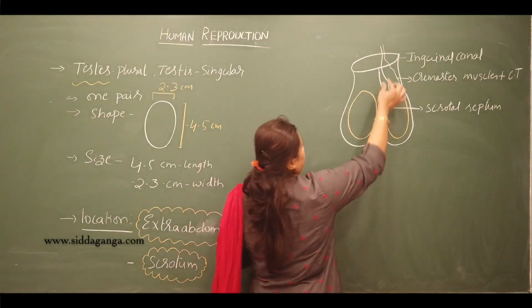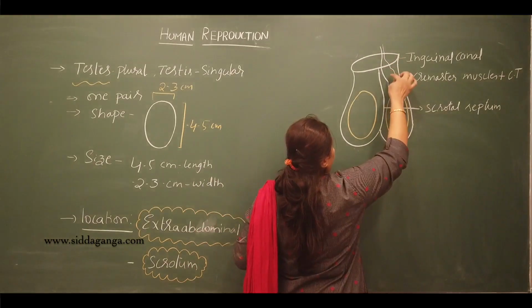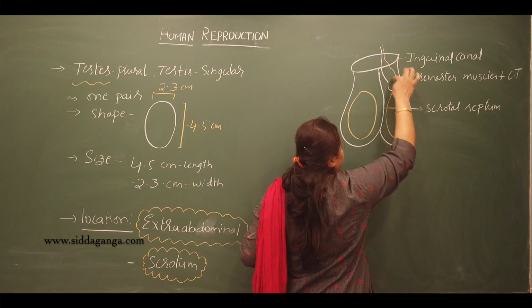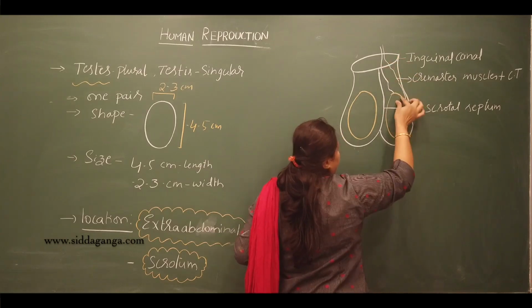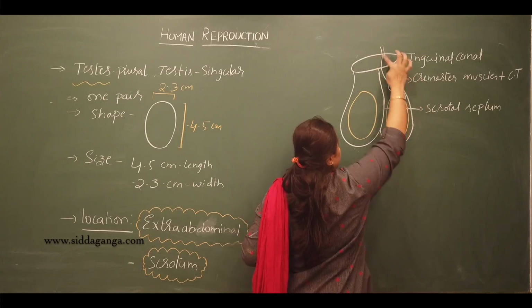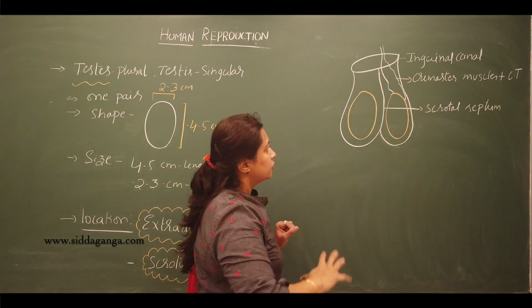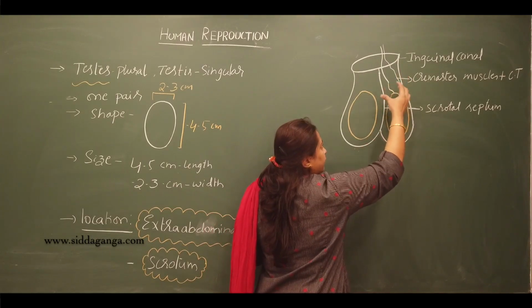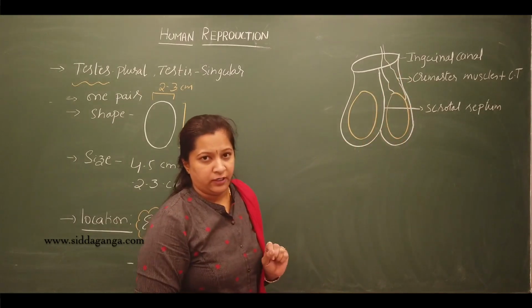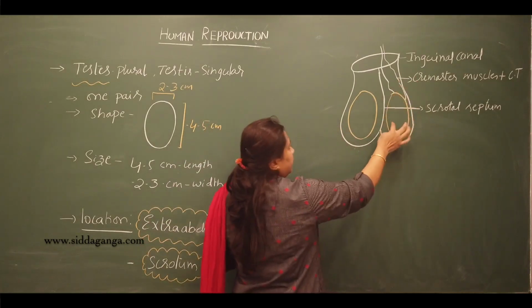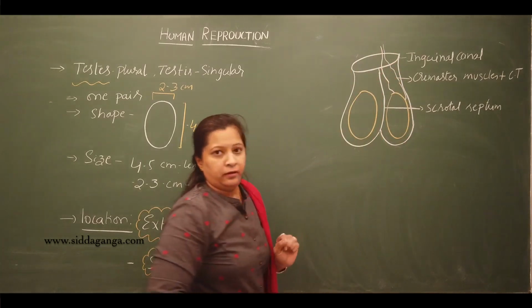The blood vessels, lymph vessels and nerves enter the testis through the spermatic cord, and the vasa deferens will ascend into the abdomen through it. So the spermatic cord connects the testis with the abdomen.